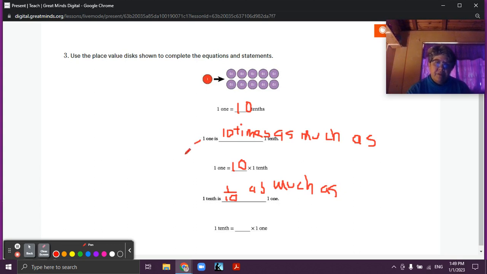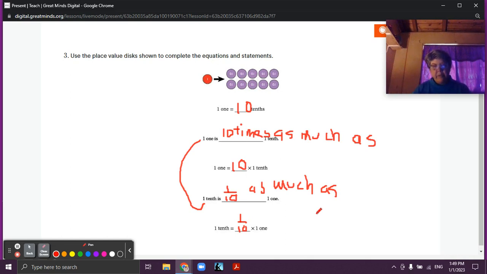And you can see how these two are like opposites of each other. 1 is 10 times as much as 1/10, and 1/10 is 1/10 as much as 1. Okay, so then 1/10 is equal to 1/10 times 1. And we have a pattern here.